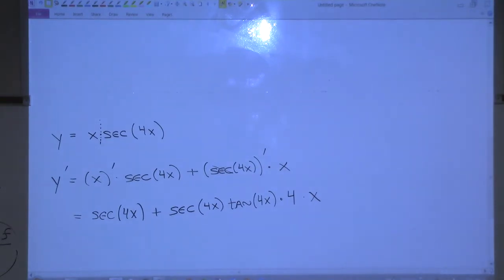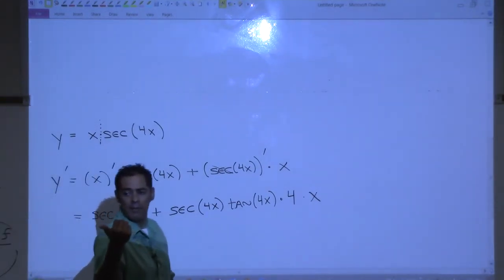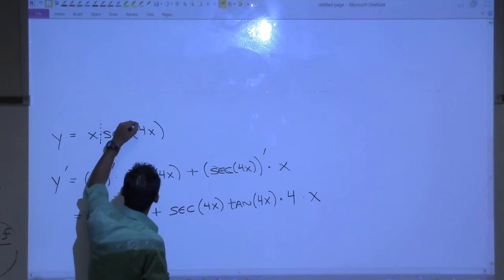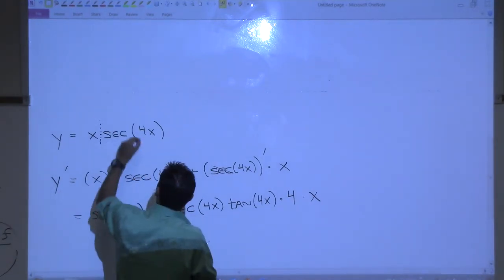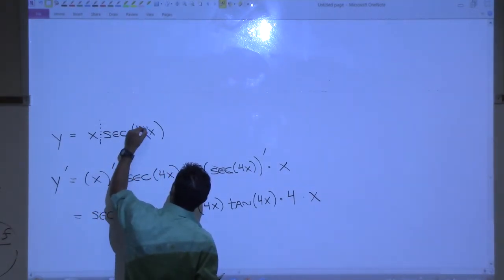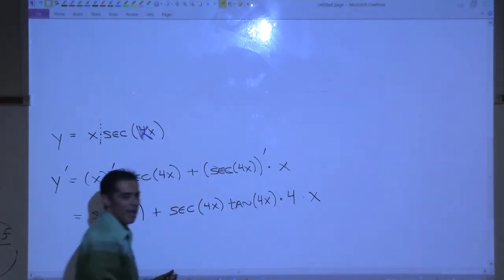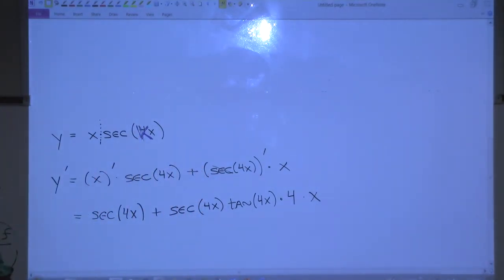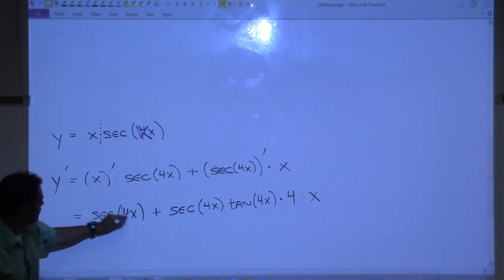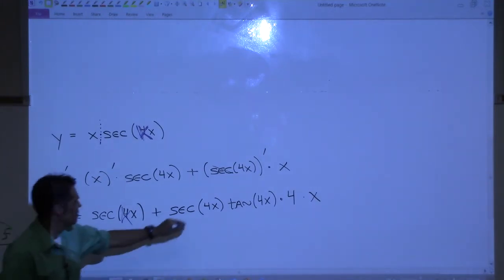That's it. So you're asking me about the one in the book, I guess, where they have a k here instead of 4. So k there is considered to be a constant. It's like 4, but it's k. So how would that change our problem? This would be k.